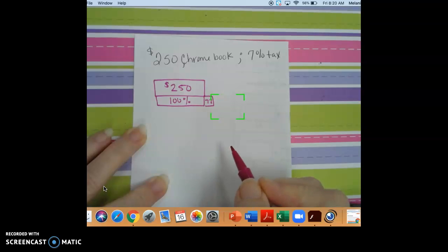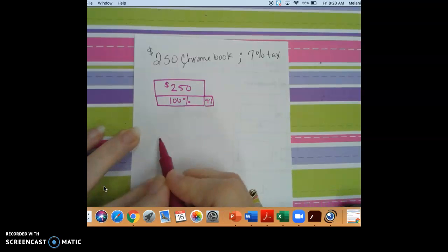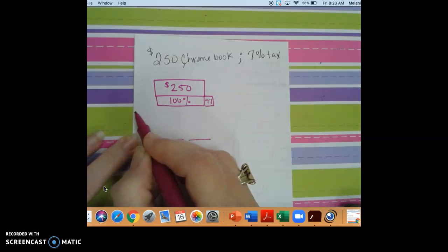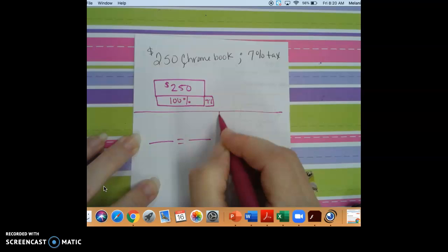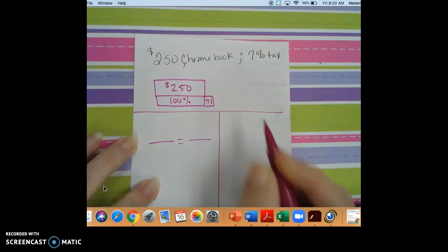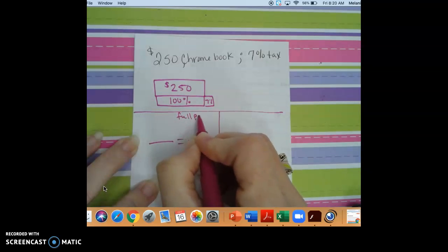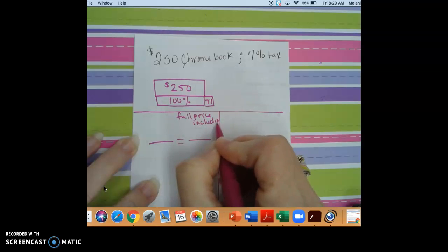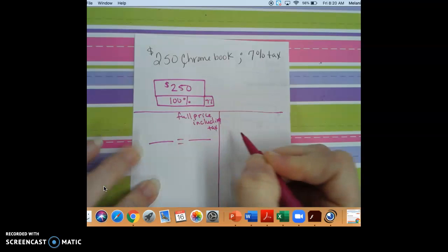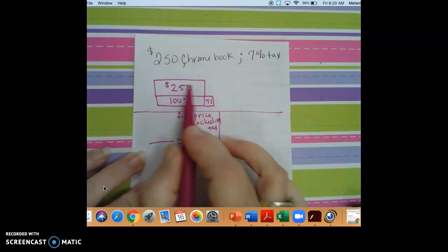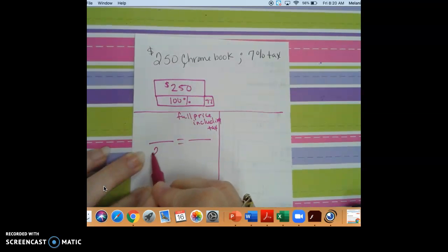So now if we want to keep with proportions just like we've done for a while, if I want to know the full price including tax, we know that the price of the item, the total, is $250.